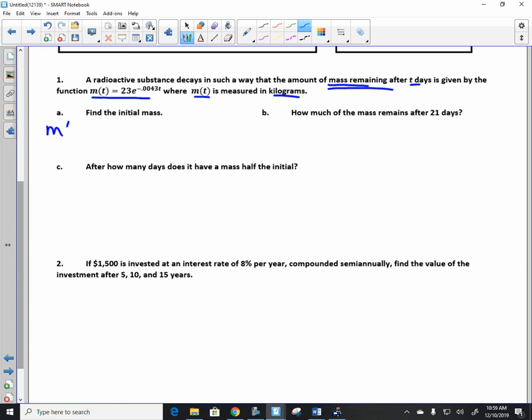So M of 0 is 23e raised to what power? The 0 power. Why 0? Because negative 0.0043 times 0 is 0. Now, what Alex was saying is that e raised to the 0 power is 1, times 23 is 23. So that means that the initial mass is 23 kilograms.